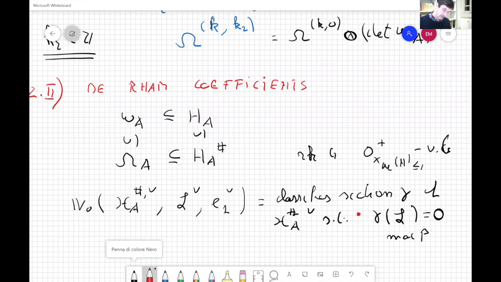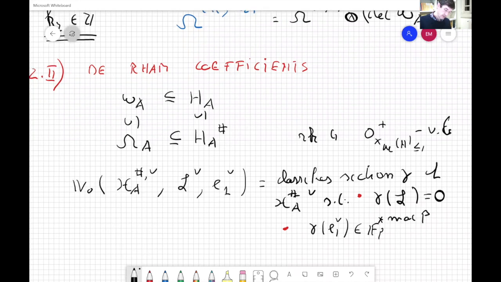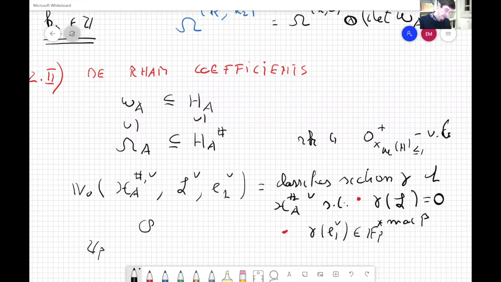And the second thing that we demand is that gamma evaluated on this element is actually in FP star. And then scalar multiplication again defines an action of ZP star, 1 plus PGA.